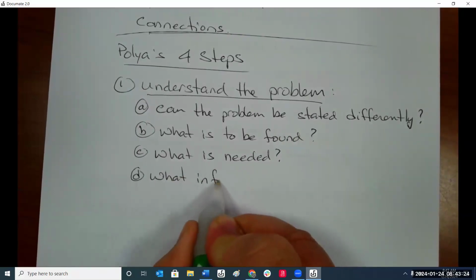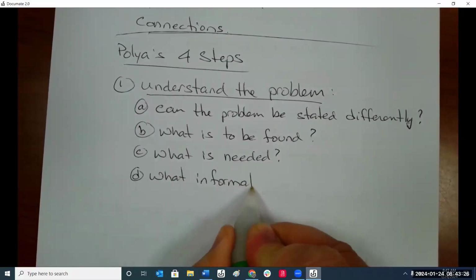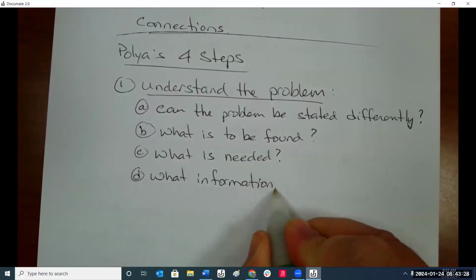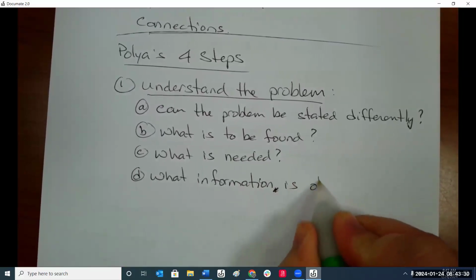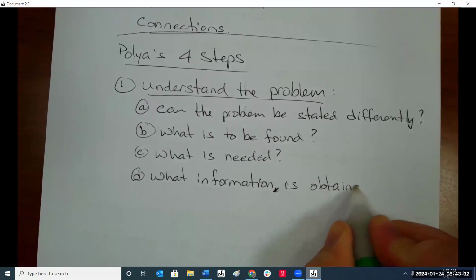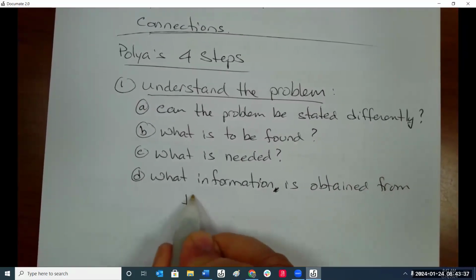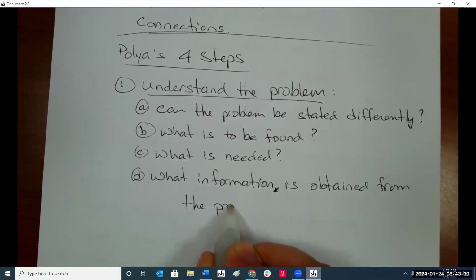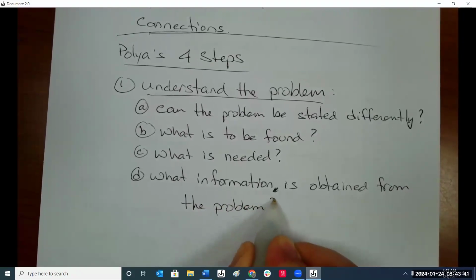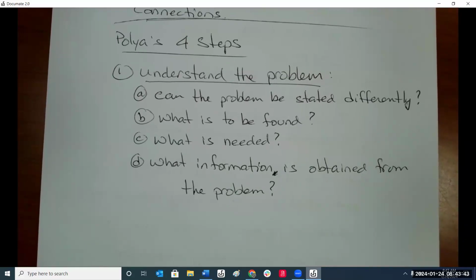What information is obtained from the initial problem? First, you're given a problem.